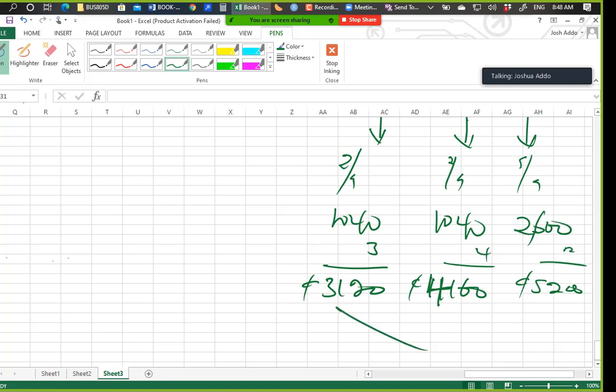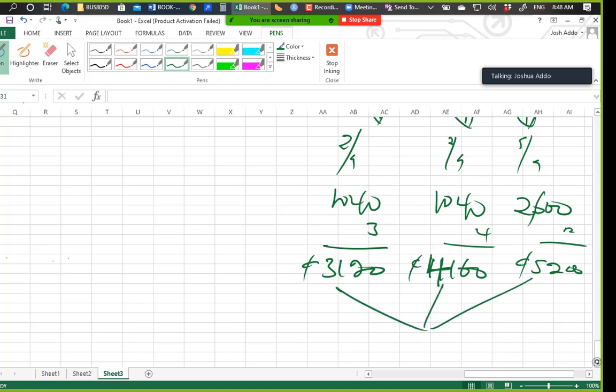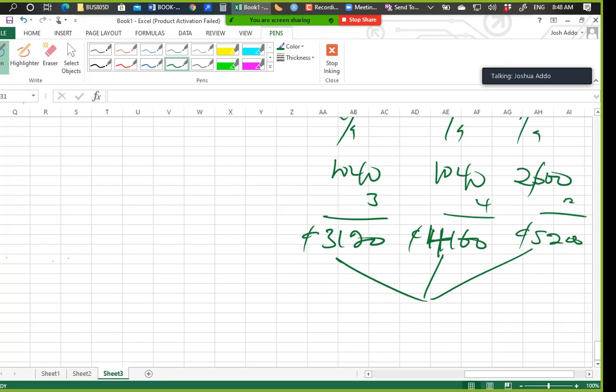So the break-even sales for all the products combined will be the sum of these figures: 3120 plus 4160 plus 5200.